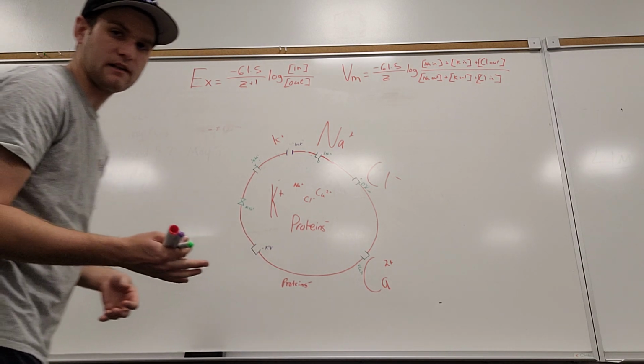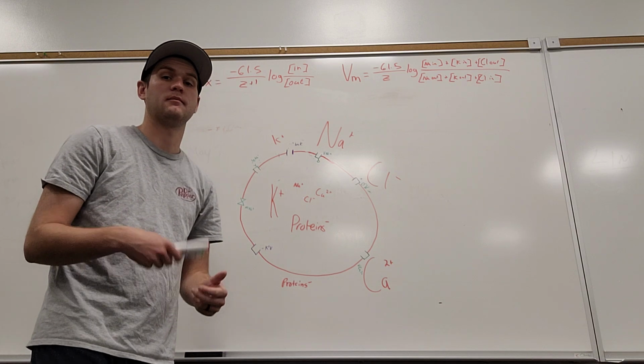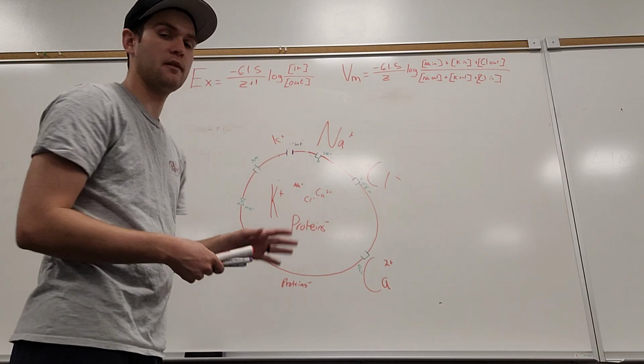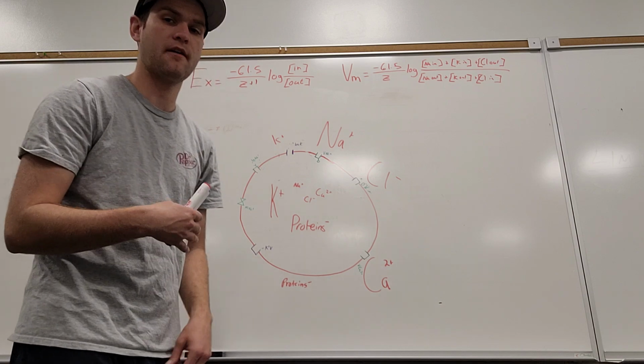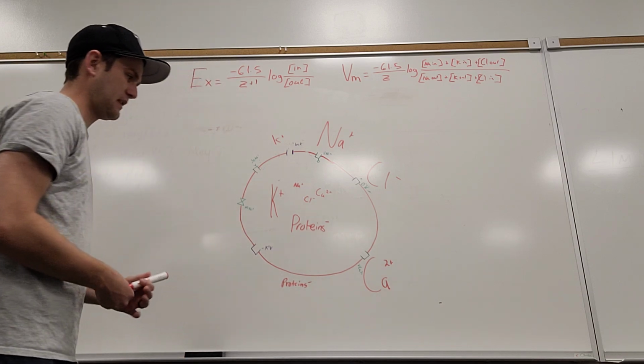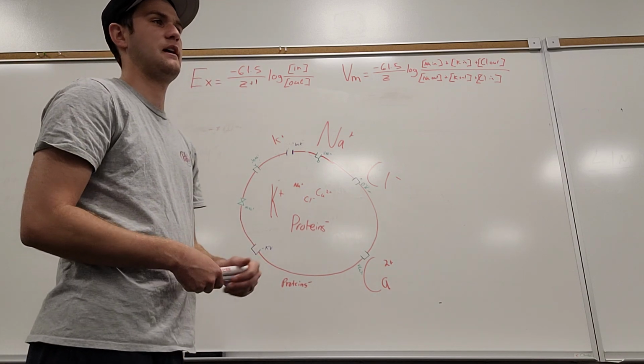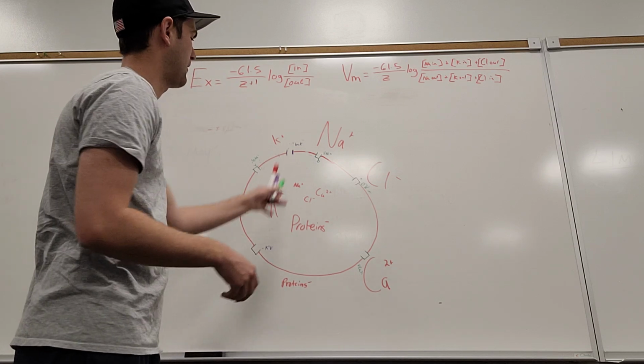The next thing we have to consider is our permeability. Is the cell permeable to those ions? Is it going to let them flow in? Are they even going to be able to get in or out of the cell? With that, we have different channels and gated channels around our cell membrane.